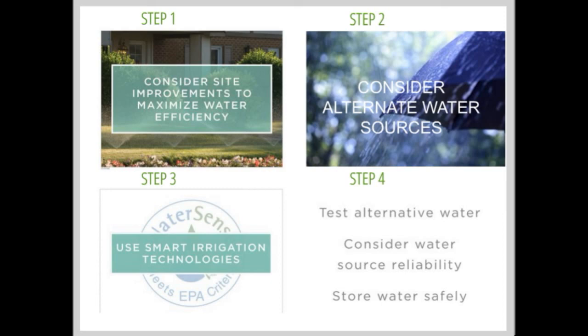Step 2 is to consider alternative water sources, collected on-site or treated wastewater provided by a municipal agency, to offset potable water for irrigation. The team should check local ordinances and laws, as some states do not allow graywater reuse or harvesting rainwater. Step 3 is to consider smart irrigation controls for additional water savings.